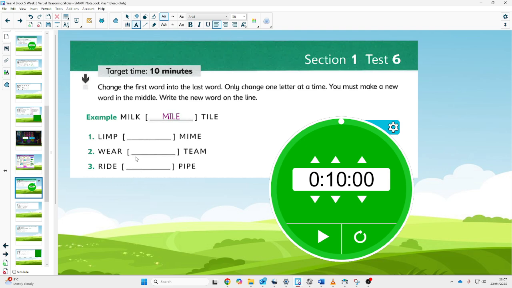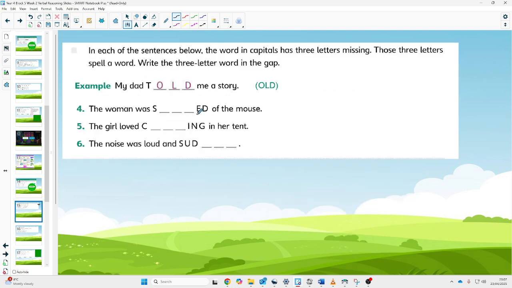So we've got various different types of questions here. These are really good fun. This is where you change one letter and then change one letter again, and then it will make the third word. So hopefully you've understood those ones. These ones are missing letters, so again really good skills for you. Use the sentence to put it into context. It has to be a 3-letter word that goes into the gaps there.